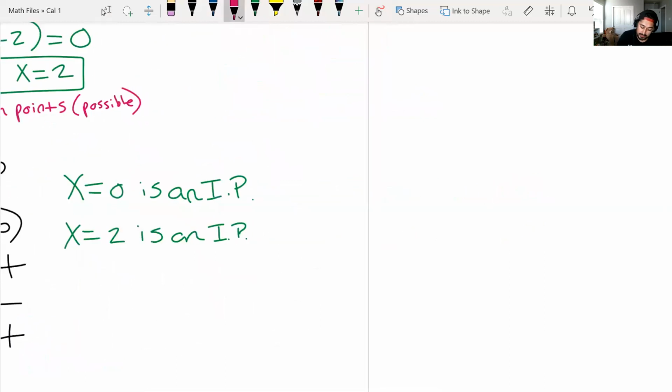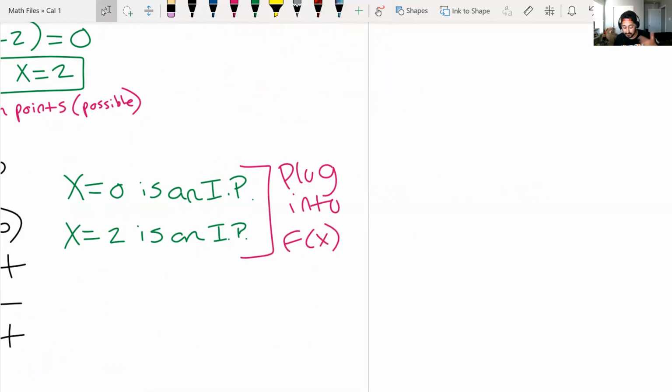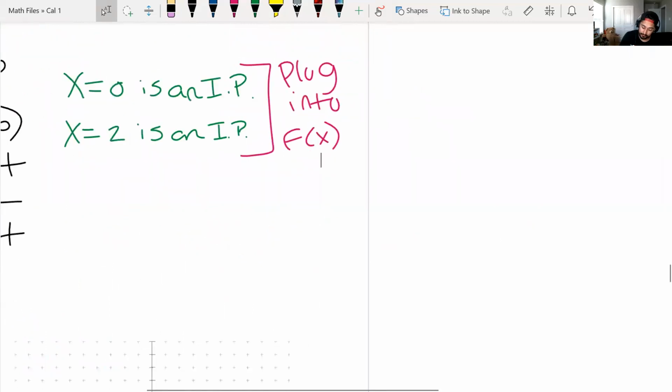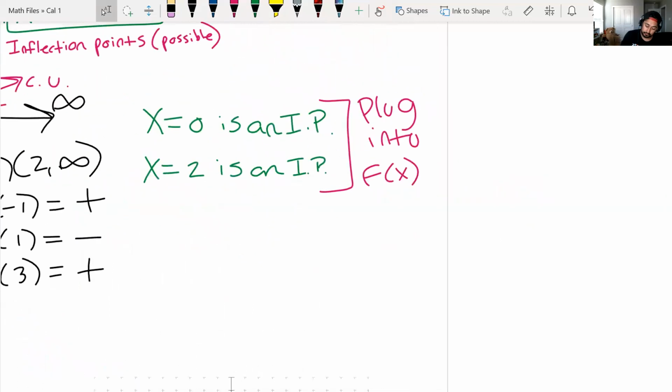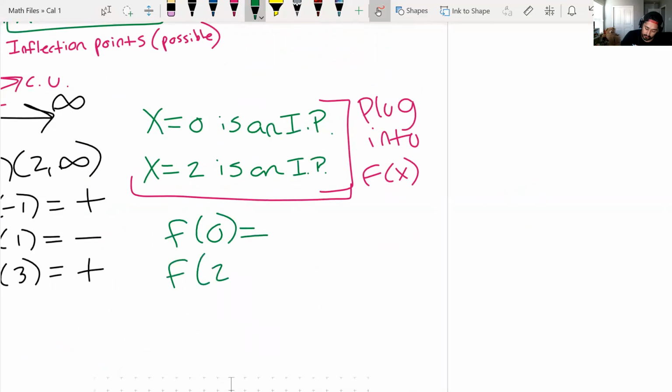You take these numbers and plug into f of x, the original function, because that's what we are graphing. So these will become f of 0 and f of 2.